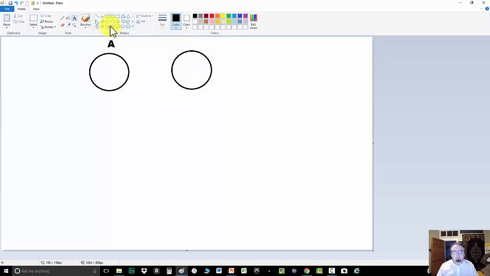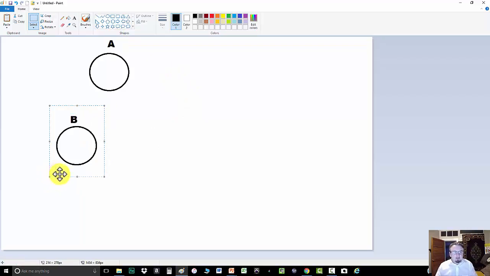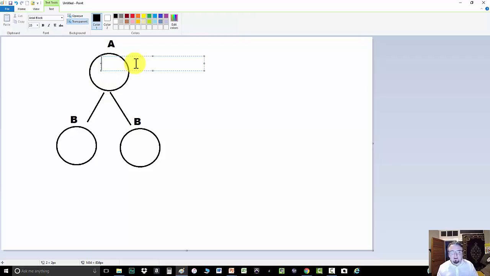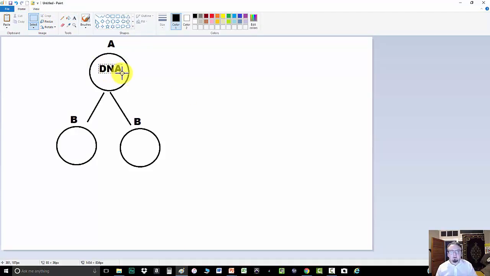We'll call this one cell B. Now, in a vertical transmission, what's really happening is cell A is replicating and making a copy of itself, which is now going to become cell B, and we're going to have two copies of cell B. So essentially cell A is transforming into cell B. Any of the DNA associated with cell A is going to be copied in the process of DNA replication.